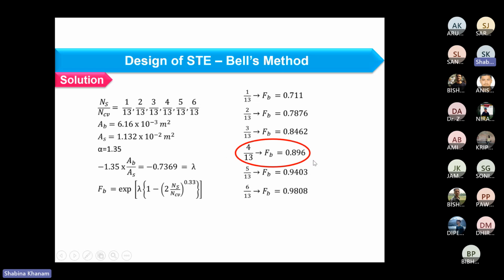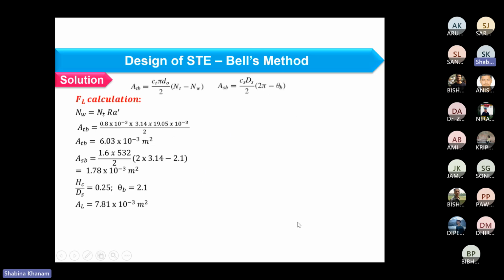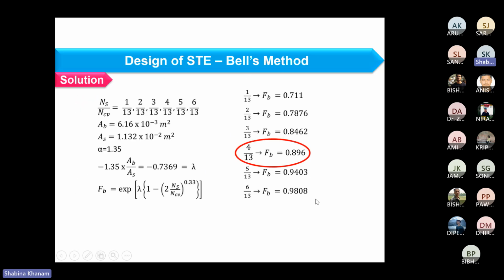In this problem, the correct number of sealing strips is 4, and the FB value, or bypass correction factor, you can obtain as 0.896. In this way you need to choose the bypass correction factor. First you choose whether sealing strips are required or not, and then you proceed for the necessary number of sealing strips.